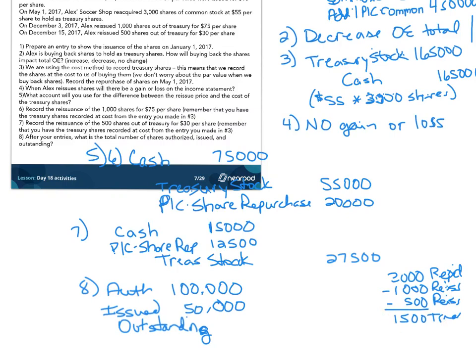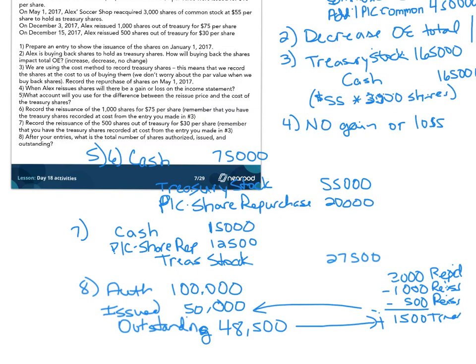So that is some simple subtraction. Here we know we have 48,500 shares outstanding. If I took those 48,500 plus that, I would get the issued number, right? Okay, there we go. You want to know how to do all these journal entries.